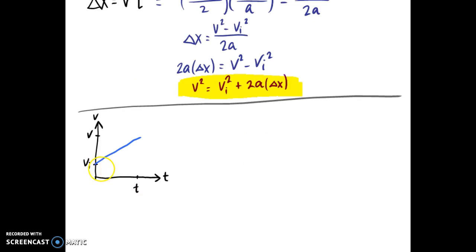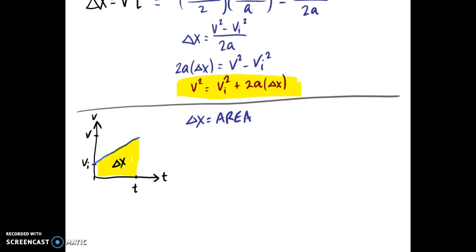The last equation comes from the idea that the area beneath a VT graph is equal to the displacement, or the change in position. So with that idea, displacement is the area. I can write it this way. This first term here is this shape right there, the triangle, and this is the area of the rectangular shape.